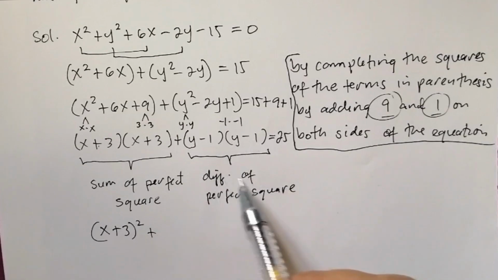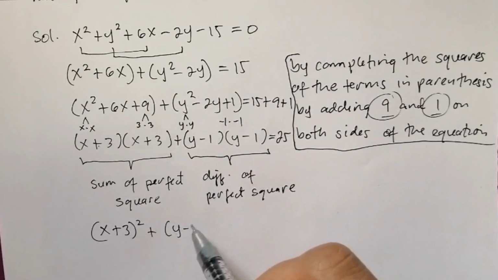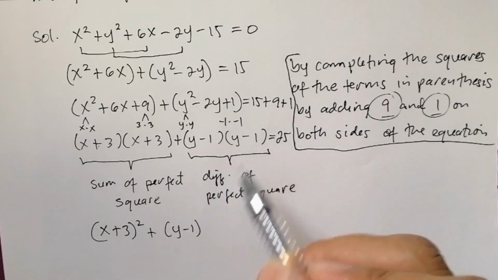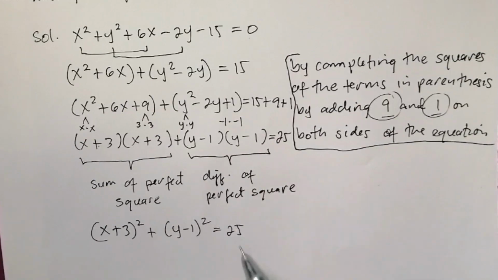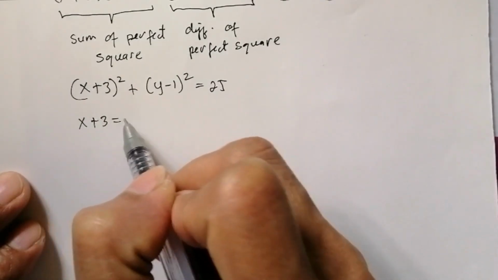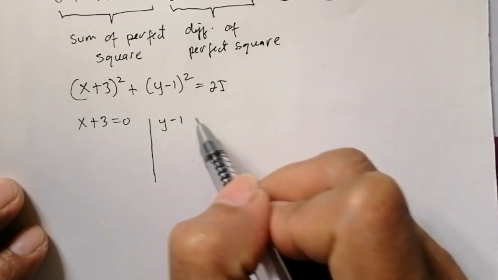This will be written as bracket y minus 1 bracket square equal to 25. Now, let's equate x plus 3 to 0 and y minus 1 to 0.